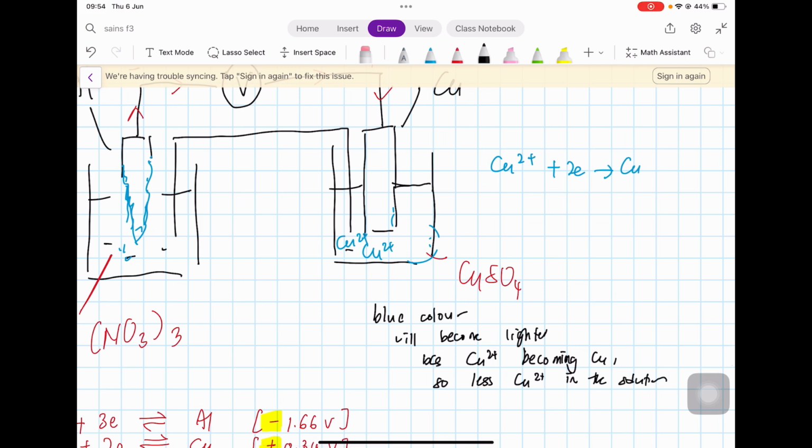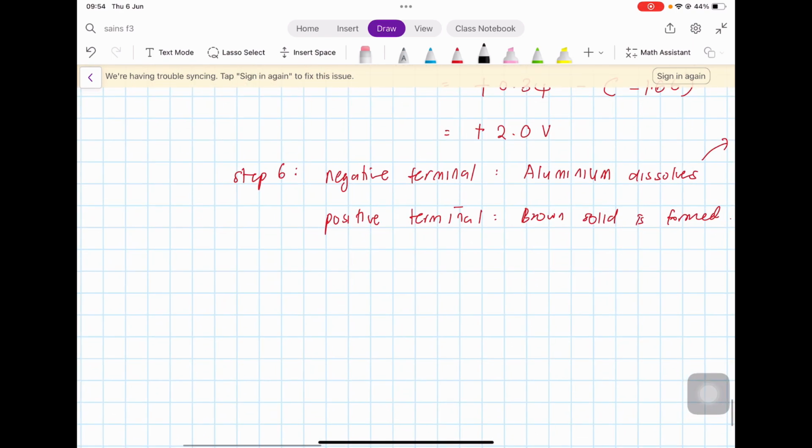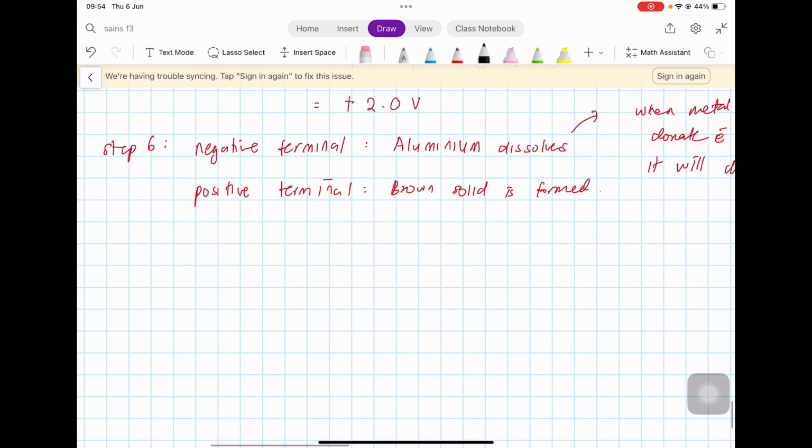This is just an explanation. Okay, so now if you understand, we can write in our answer: brown solid is formed and also the blue colour of the solution becomes lighter or paler, doesn't matter.